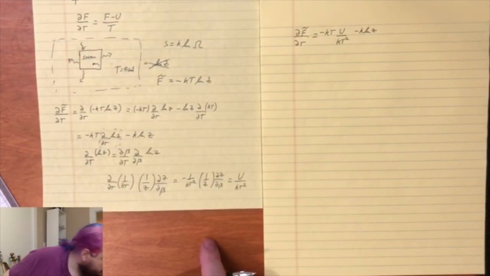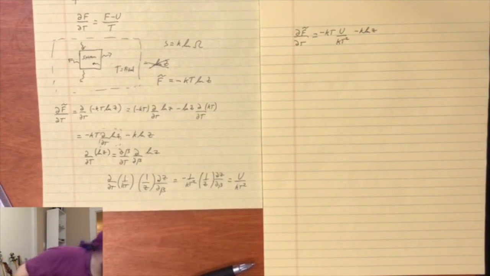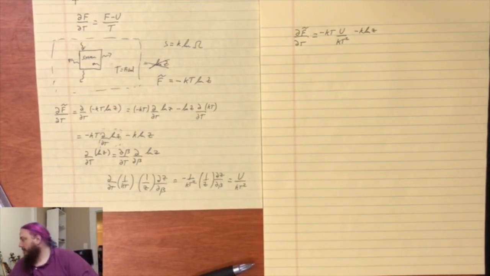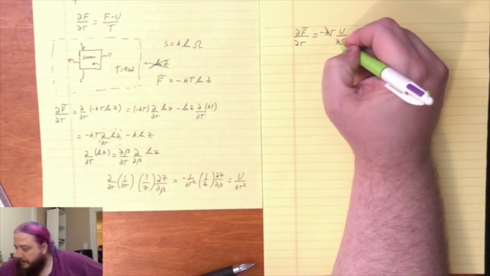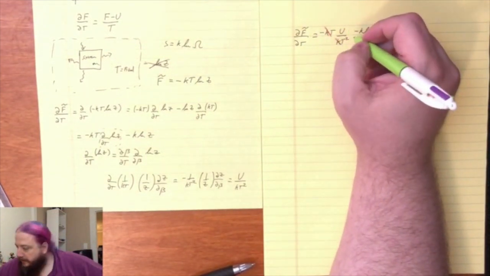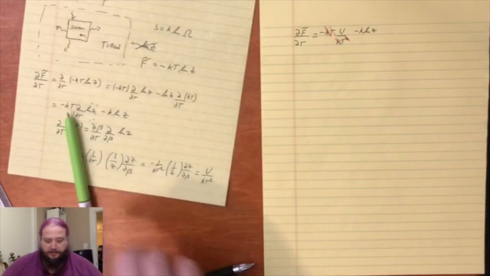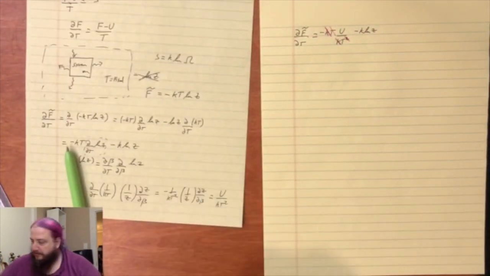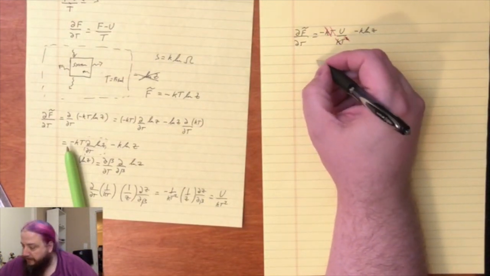And there's some simplifying we can do here. So we can cancel the k's, we can cancel one of the t's on the bottom with the t on the top, and this gives us energy over t here.